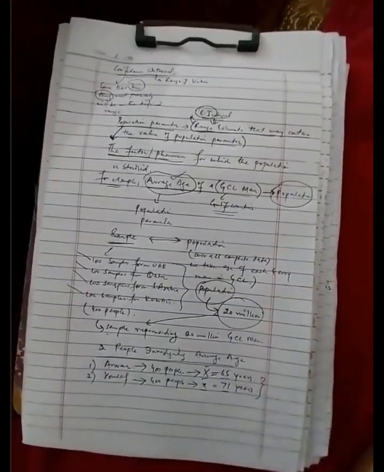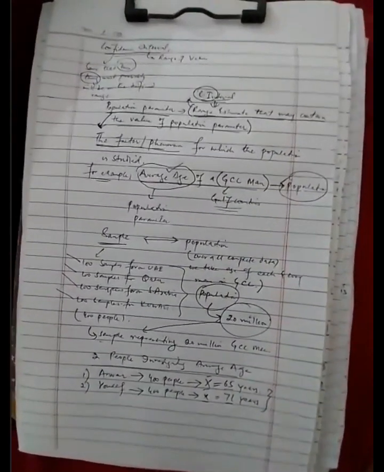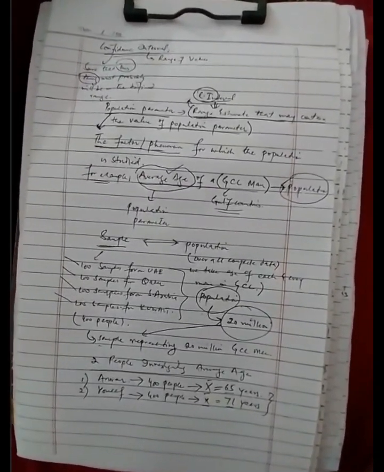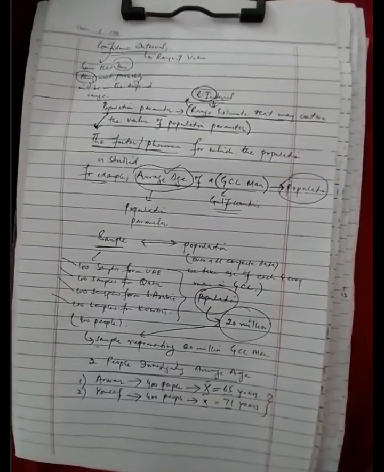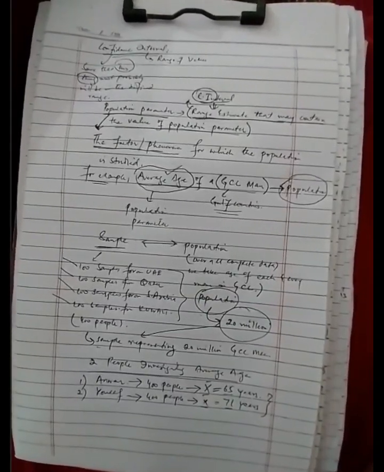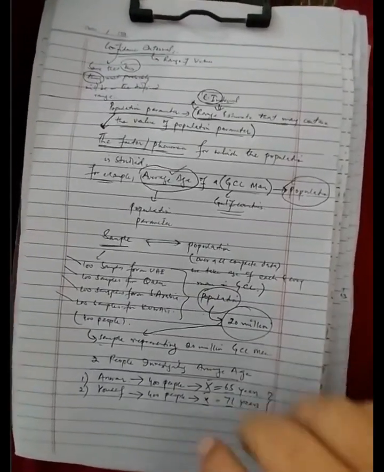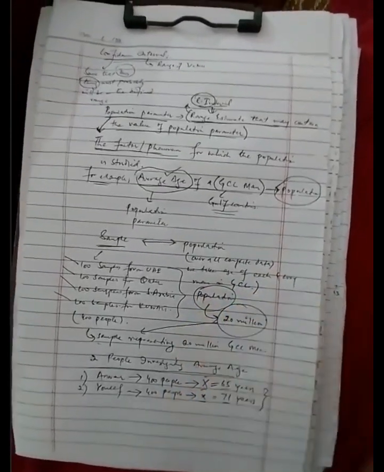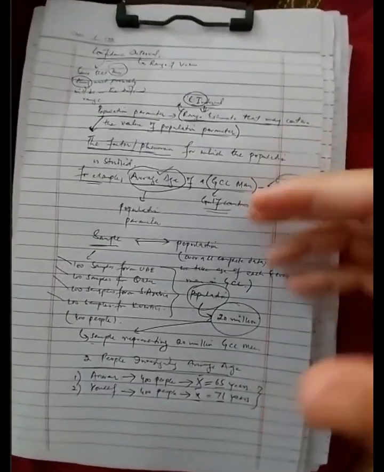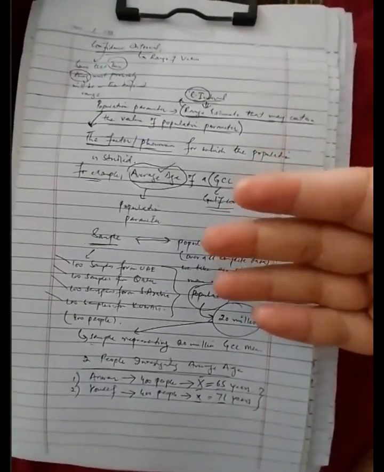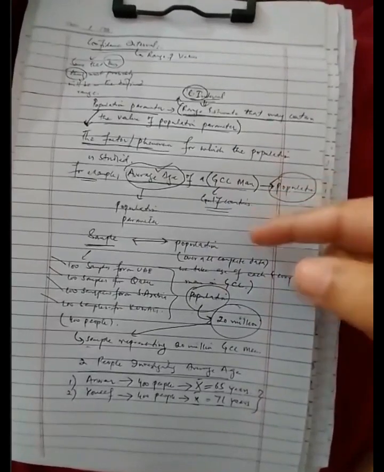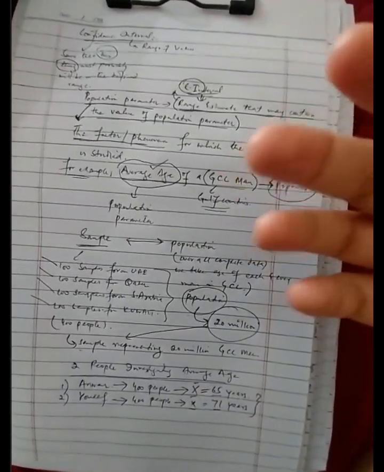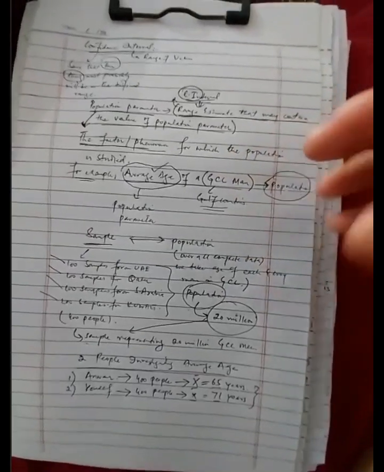Okay, now I will come up. Yes, I'm coming to that, but before that I want you to understand the confidence interval itself, and not just write down the formulas if the teacher gives you a problem.